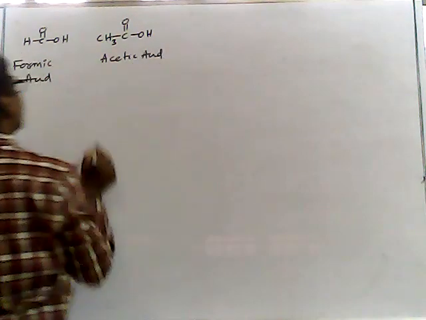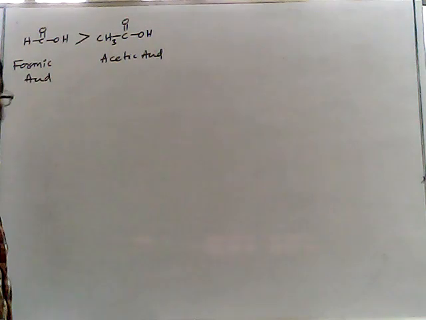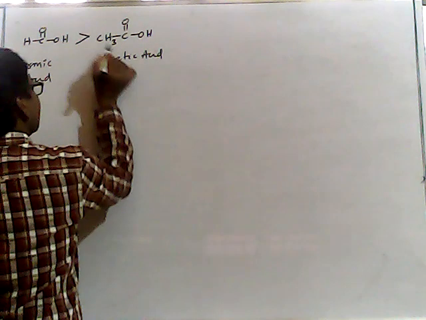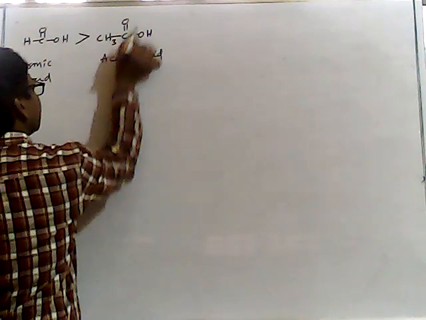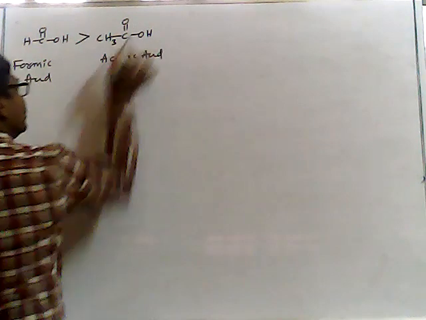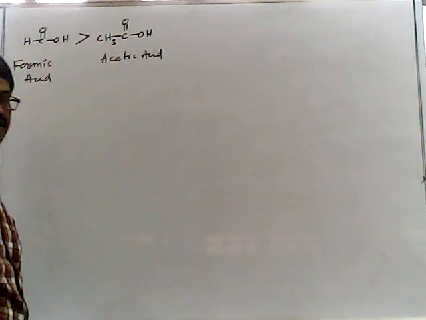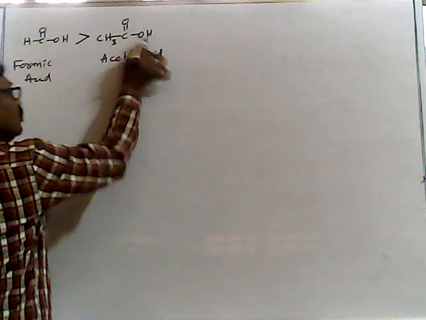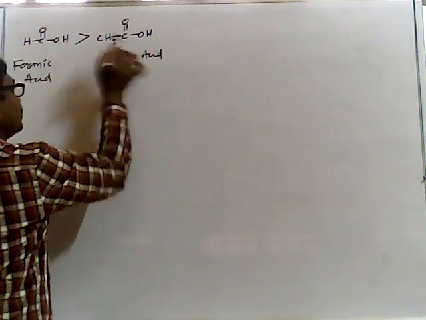Among these two, formic acid is stronger. Why? See here, methyl groups are present. Methyl group is an electron releasing group. So electrons are moving towards the carboxylic acid framework and oxygen gets more electron density, so that oxygen can hold hydrogen tightly, so it is difficult to lose. Difficult to lose means it is weak.